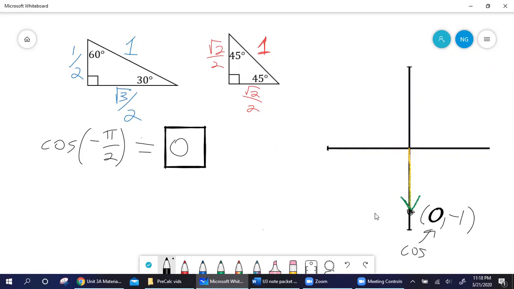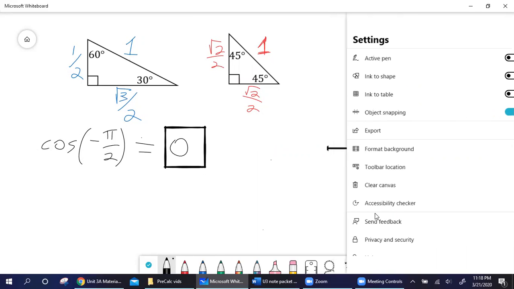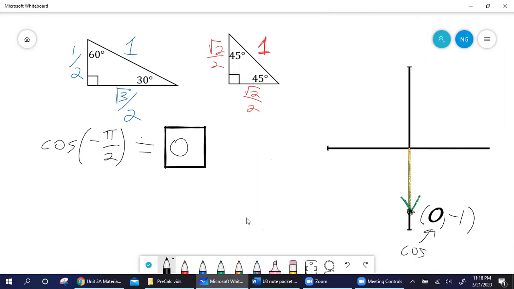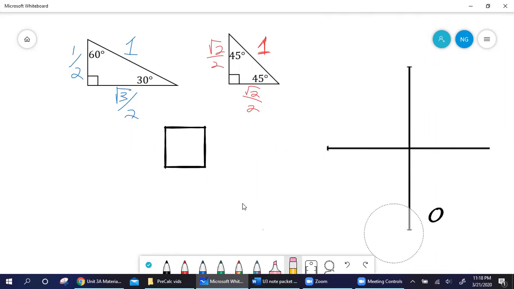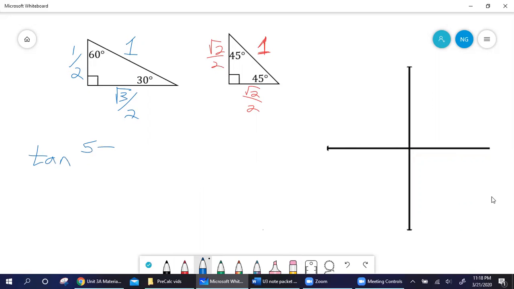For the next one, actually, let me turn off this ink to shape because that's going to mess things up. For the next one, we have the tangent of 5π/6. So first step is to look at your angle and figure out where your angle lands. Every π/6 is 30 degrees.